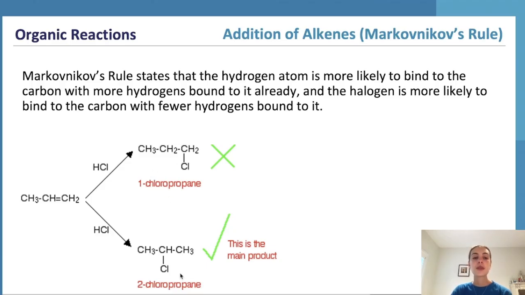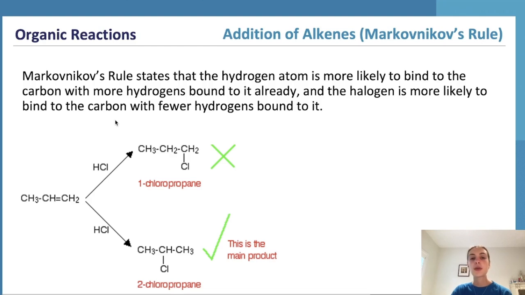And so this is because in 2-chloropropane, on the second carbon along on the molecule, there's only one hydrogen bonded to it, whereas on the first carbon along on the molecule, there's two hydrogens bonded to the carbon.